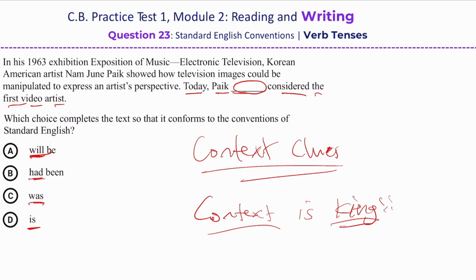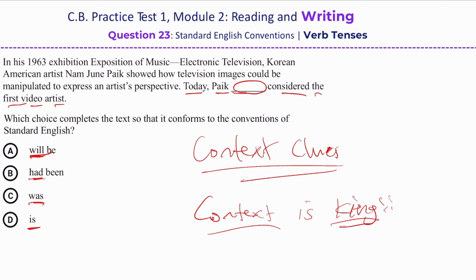Now, when it comes to verb tense questions, there are two types of context clues you want to be on the lookout for. The first is what I call time references. Time references is kind of what it sounds like: a reference to time. For example, if I say in 1951, I'm referring to the past tense.